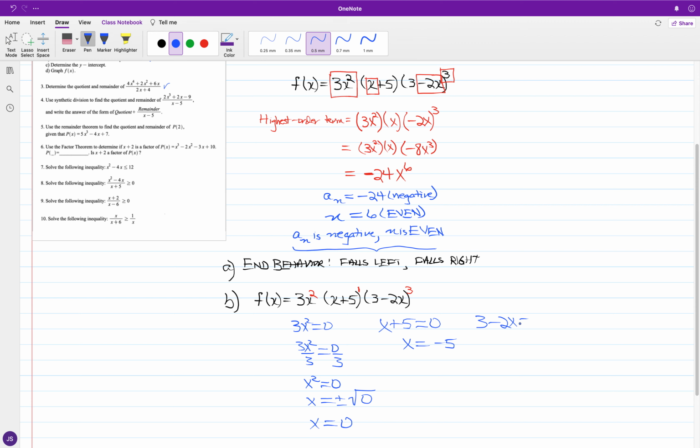For 3 minus 2x equal to 0, if I isolate the x term, I have negative 2x is equal to negative 3. So the negatives cancel out, and x is going to be 3/2 or 1.5.